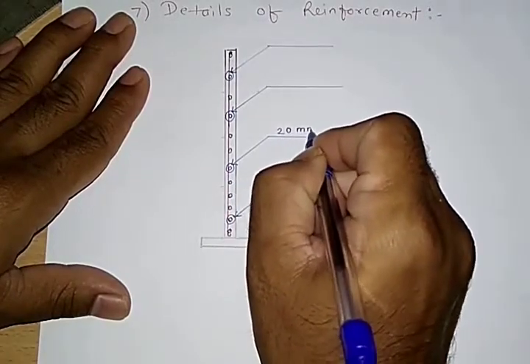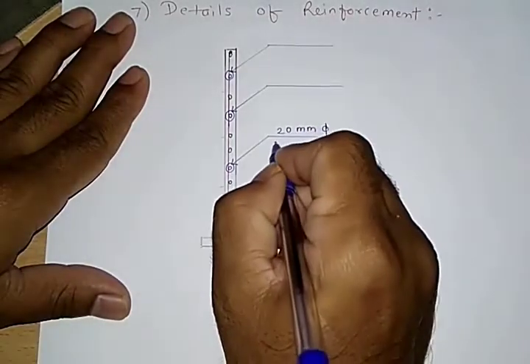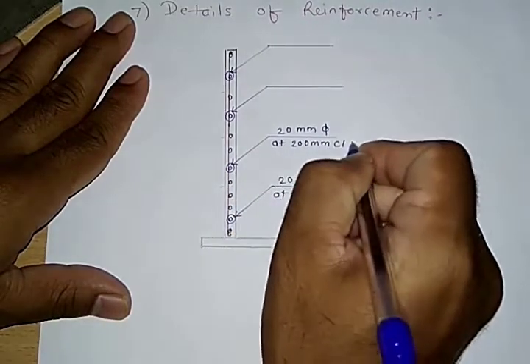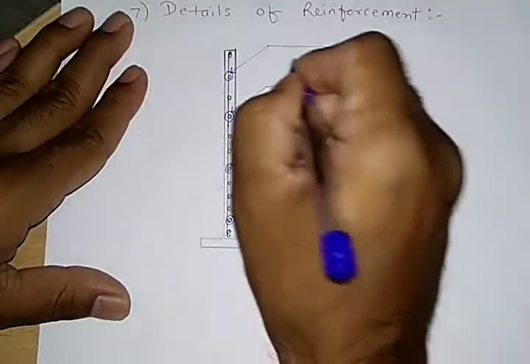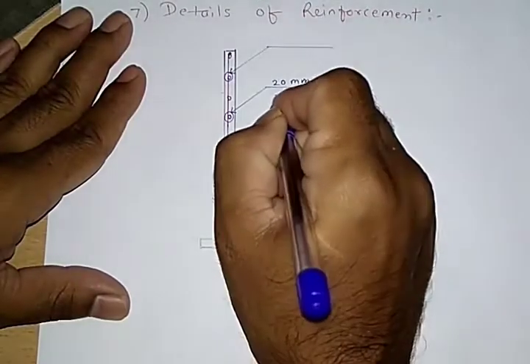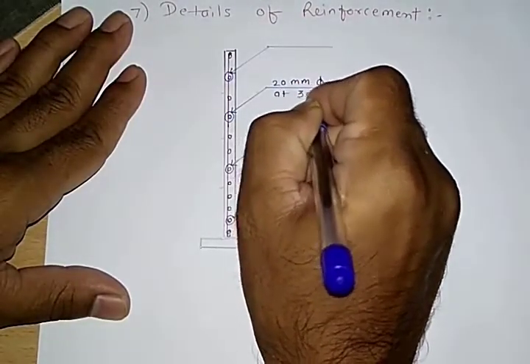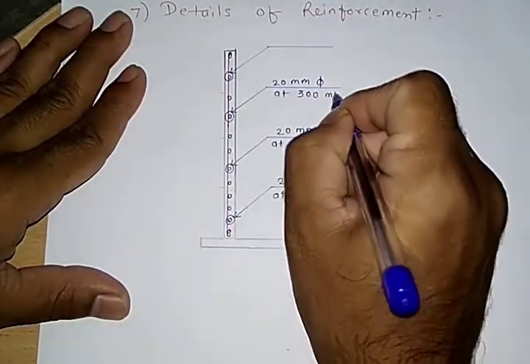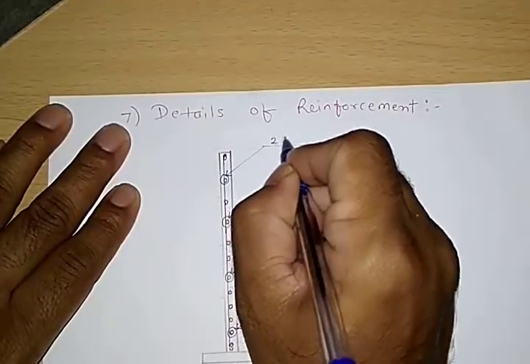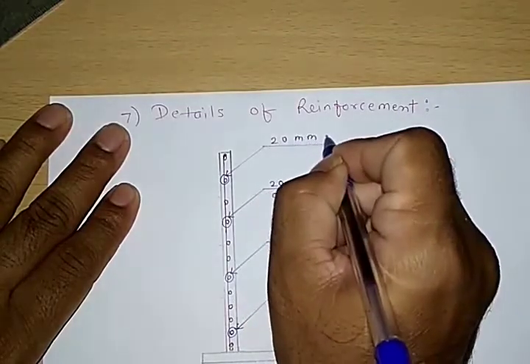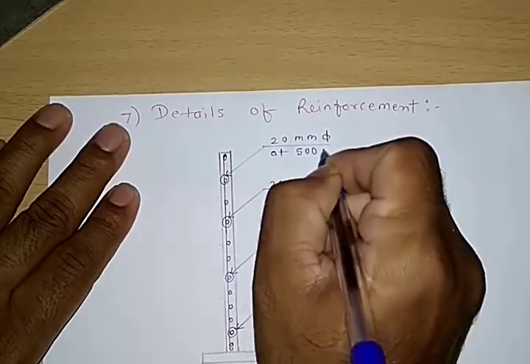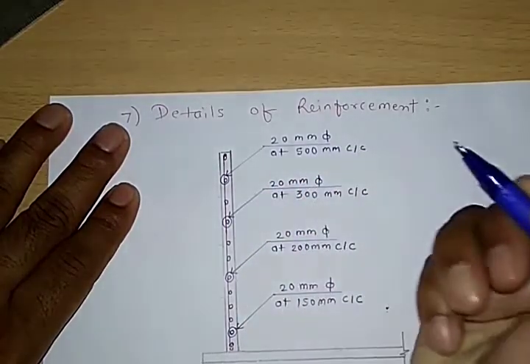So then 20 mm at 200 mm center to center. Then 20 mm diameter at the rate 300 mm center to center. And then 20 mm diameter at 500 mm center to center. So this is at the top.